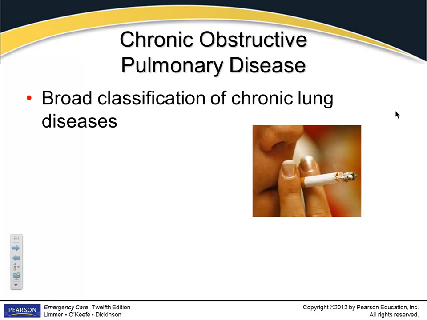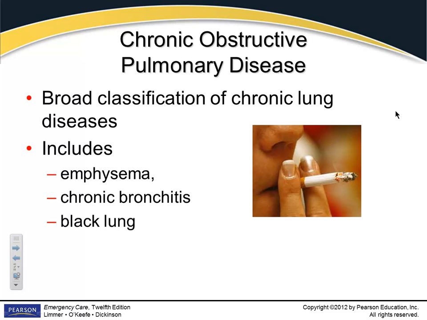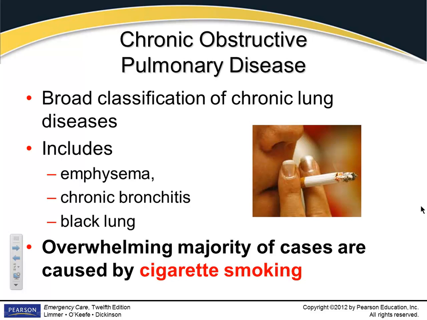Because the presentations are similar, our treatments are similar, the actual cause of the problem is fairly different. So when we talk about COPD, we're talking about emphysema, chronic bronchitis, black lung. We don't see much of that down here. But there's several, it's not just one or two diseases, but a lot of them will come up under this COPD heading. The overwhelming majority of cases are caused by cigarette smoking.